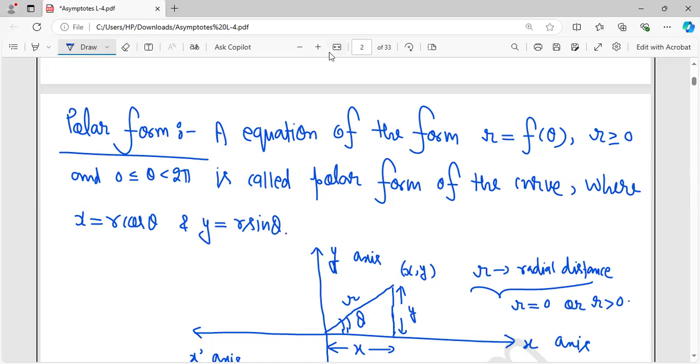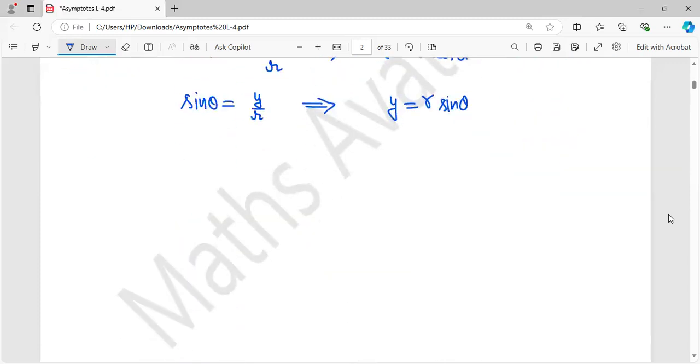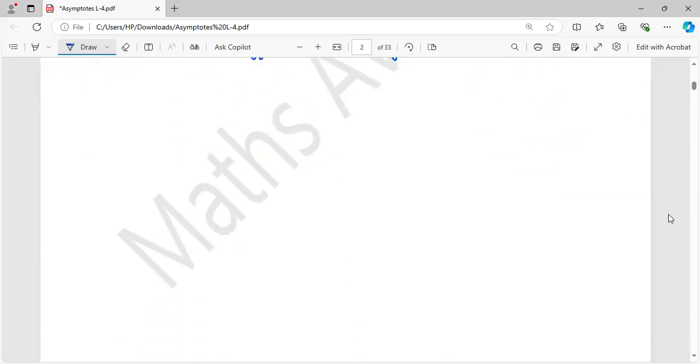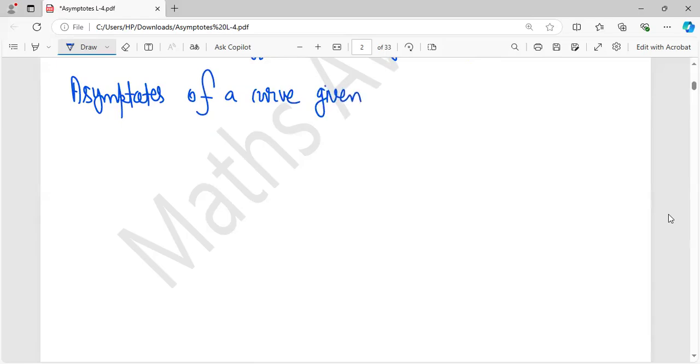So how to calculate asymptotes of a curve given in polar form?